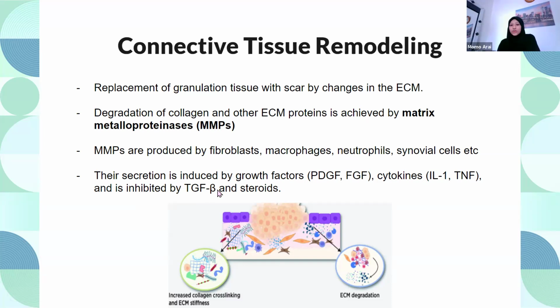But for remodeling, that's why it inhibits the remodeling. It doesn't want to let go of the collagen it produced. It just wants to keep making without breaking it. So that's why it's inhibited, if you want to think about it like that.